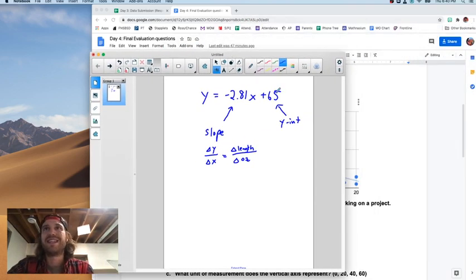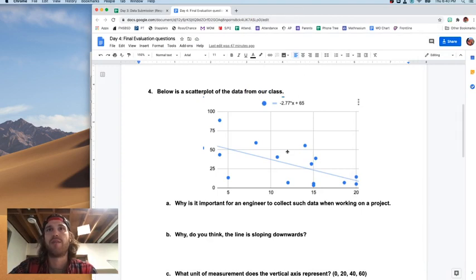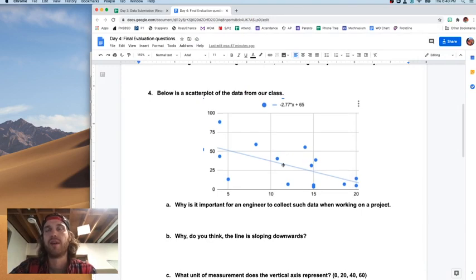Okay, what the 65 means, let's look at our graph again. This 65 means that if we randomly selected someone from the class, we would expect them to build a bridge that is, basically, if the can is 0 ounces, we would expect their bridge to be about 65 inches long.